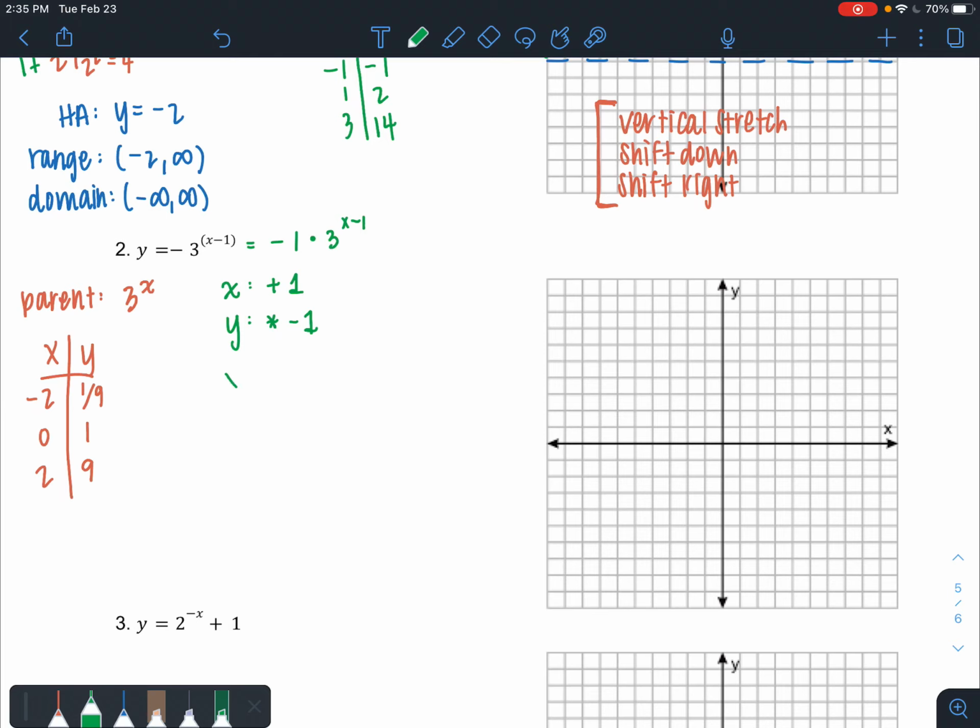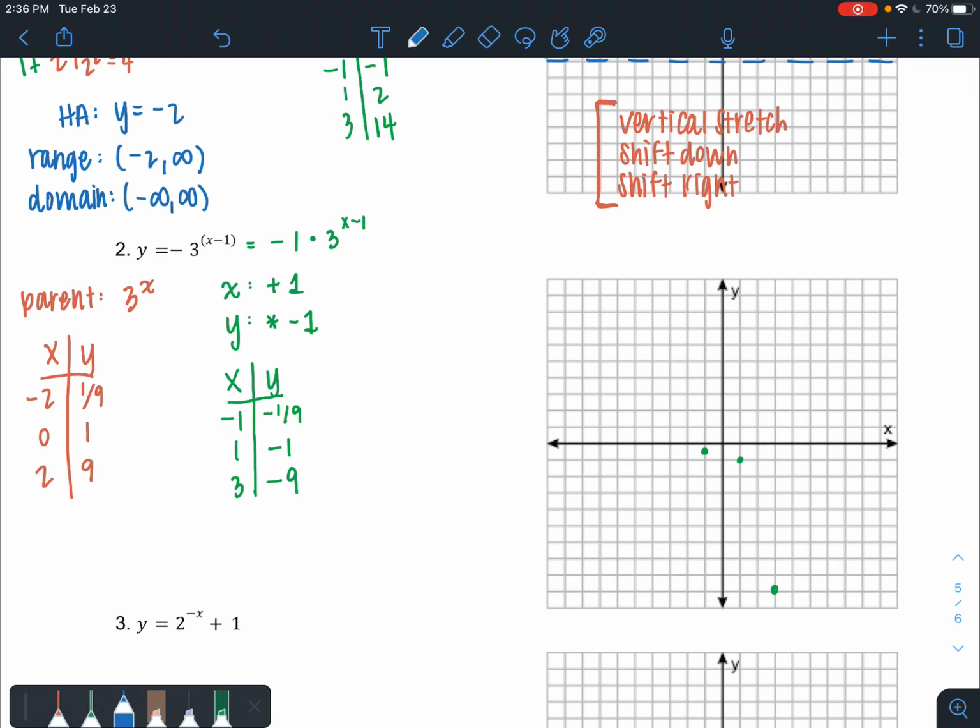All right, so then our new function's graph, we're going to add 1, so we have -1, 1, 3, and then each of these just becomes negative. So we'll graph that. We have -1, -1/9. It's kind of shy there. Then 1, -1, and 3, -9.